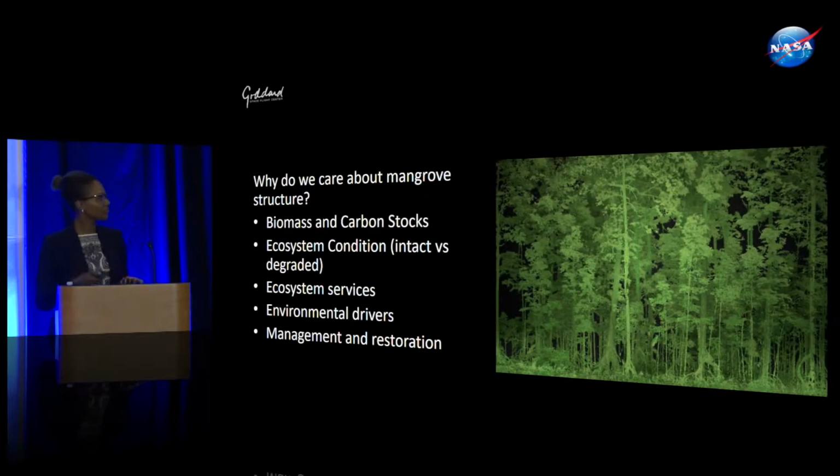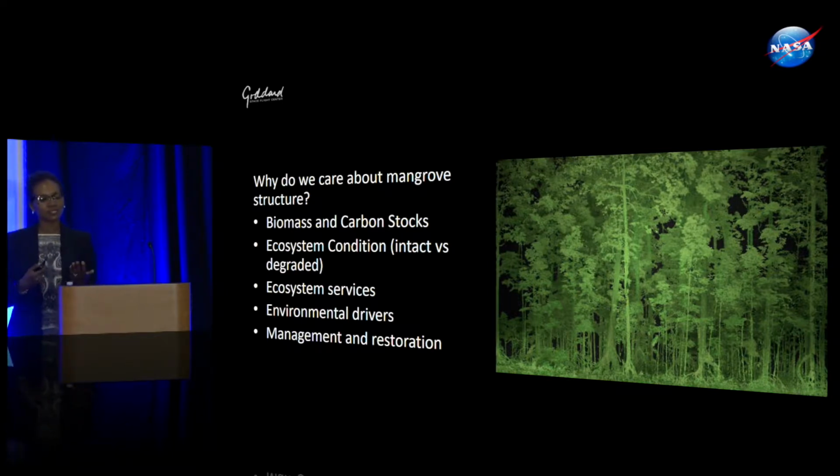So why do we even care about mangrove structure? First of all, it's a more direct indicator of above ground biomass and therefore of above ground carbon stocks. And it's also really important for many other applications, such as trying to estimate ecosystem condition.